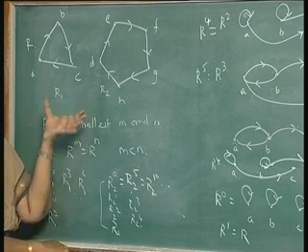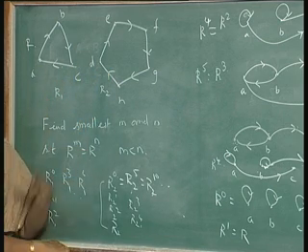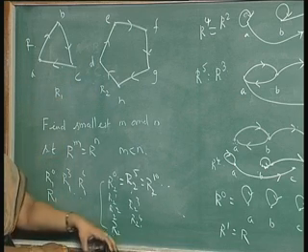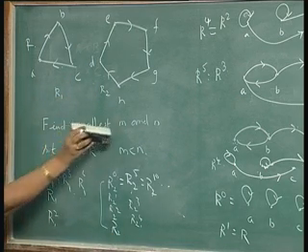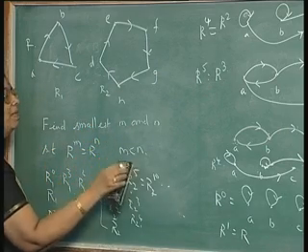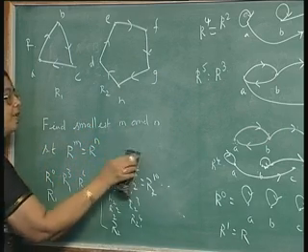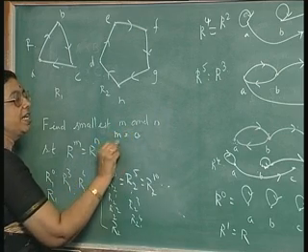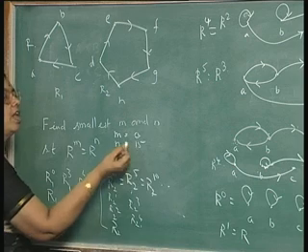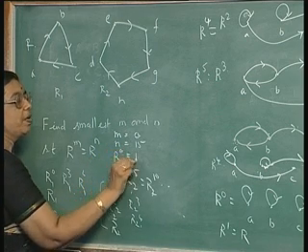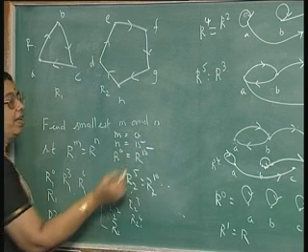So, taking the LCM of 3 and 5, after 15 steps, the whole thing will get repeated. So, the smallest m and n such that R power m is equal to R power n, where m is less than n, the answer will be m equal to 0, the equality relation, and n equal to 15. This also will be the equality relation. So, you get R power 0 is equal to R power 15.